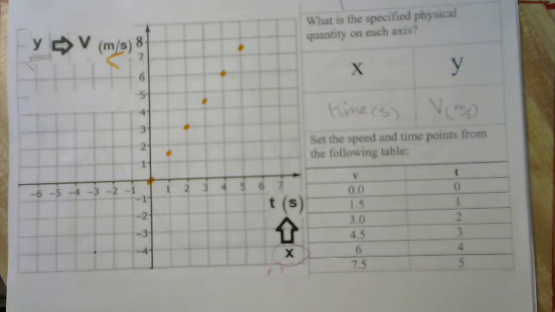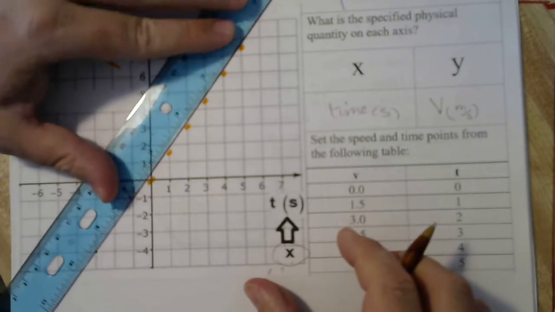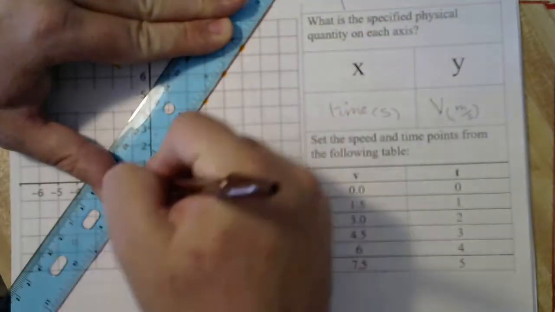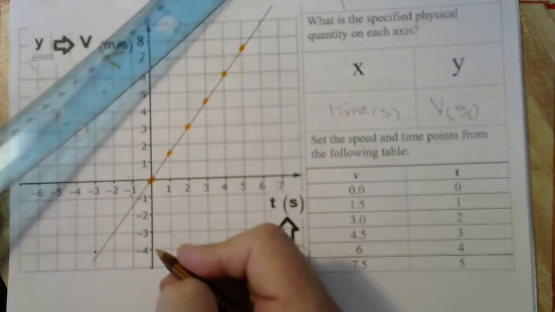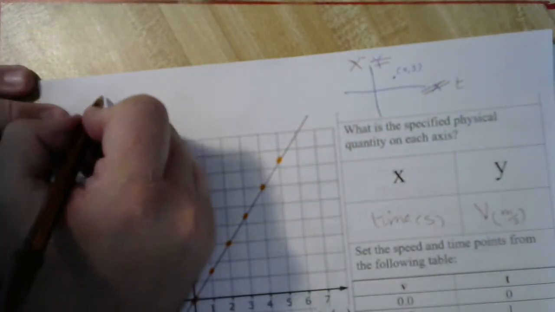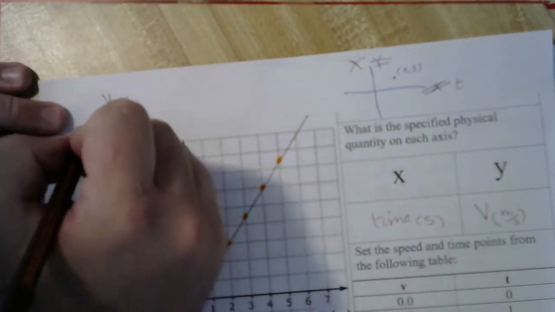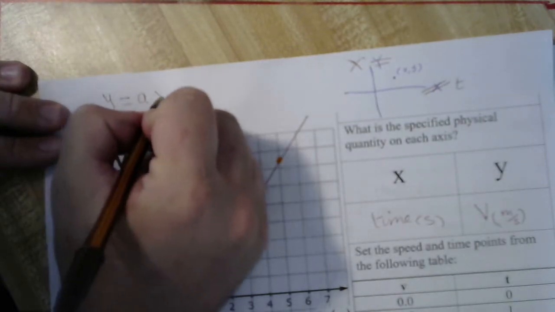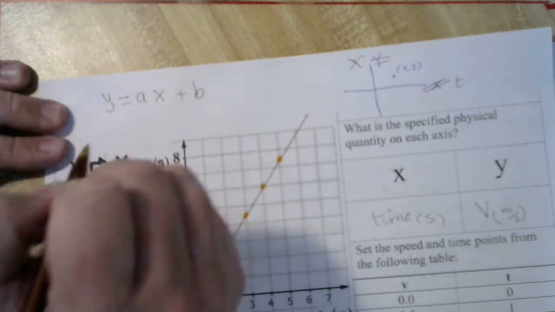Now, if required, I can draw a straight line. If we get back to mathematics, the equation of a straight line is y equals ax plus b.